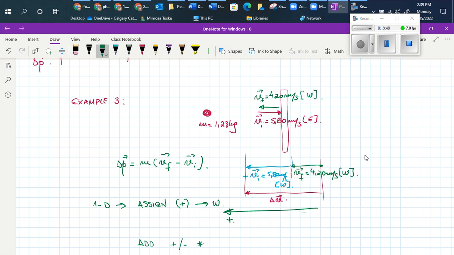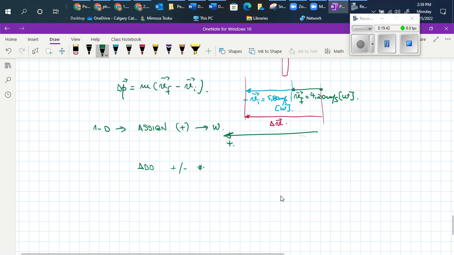So now, the change of velocity is V final minus V initial. This is like any change, it is always final minus initial. Now, I'm saying that the positive is west. V final as 4.20 meters per second going west, will it be positive or will it be negative?